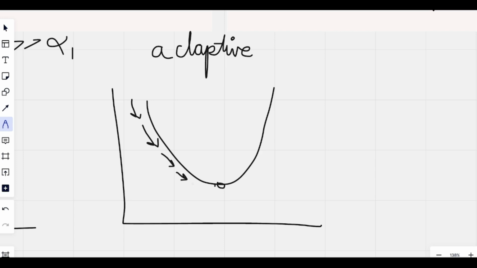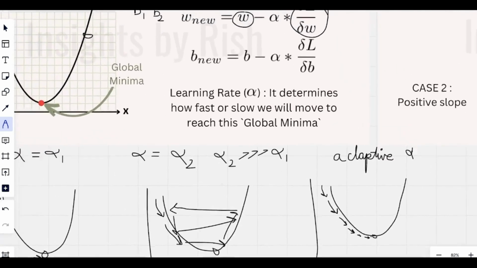Now it will start taking smaller steps in order to prevent overshooting the destination. So this is the adaptive learning rate, in which initially your learning rate is large, and as you approach this global minima, you reduce the learning rate and take small steps in order to reach the global minima without overshooting the condition. So that's the importance of a learning rate.